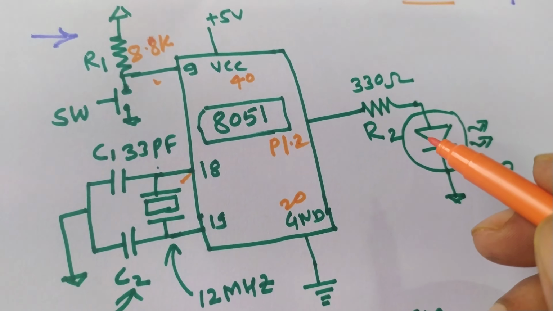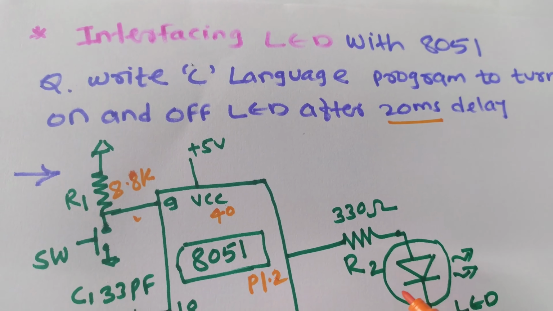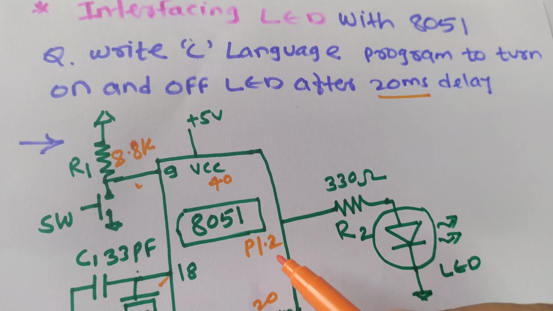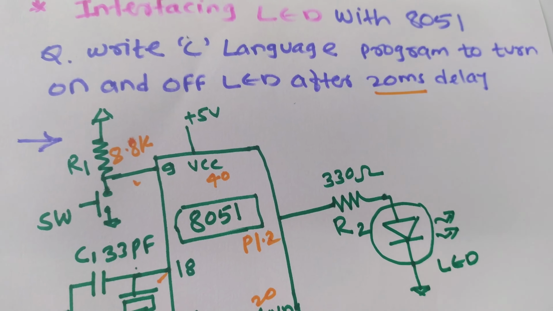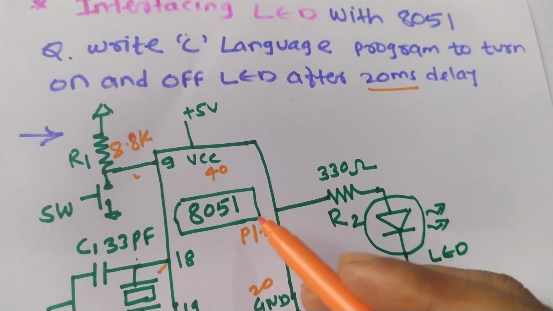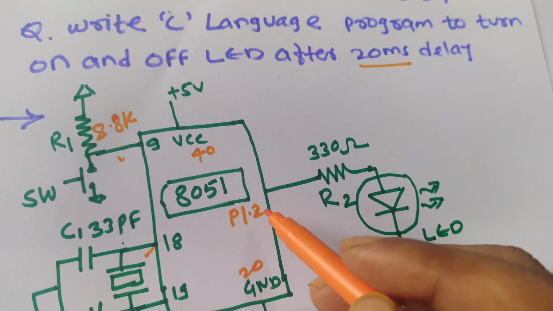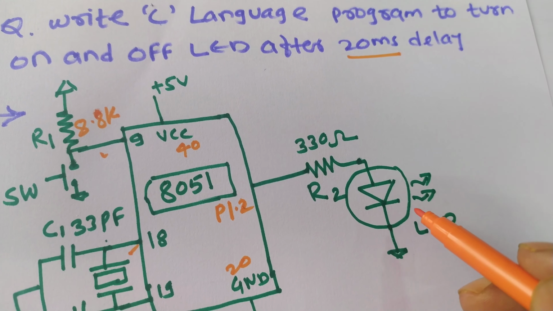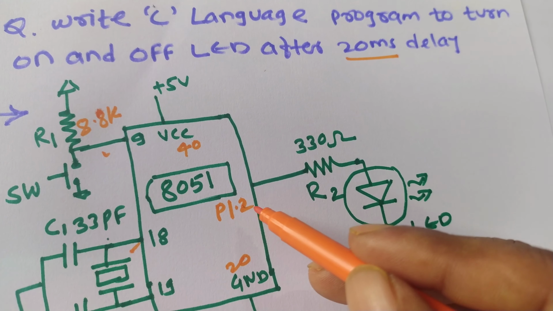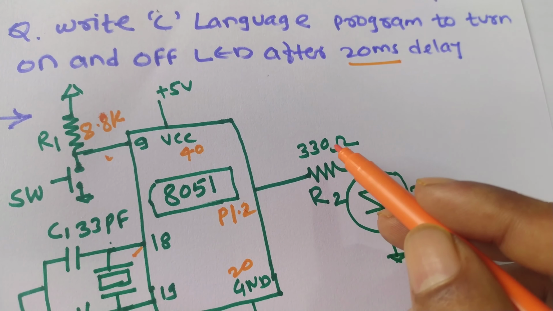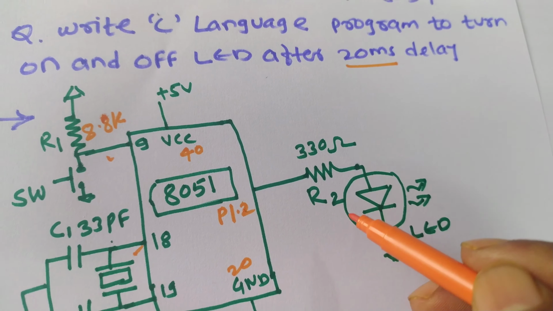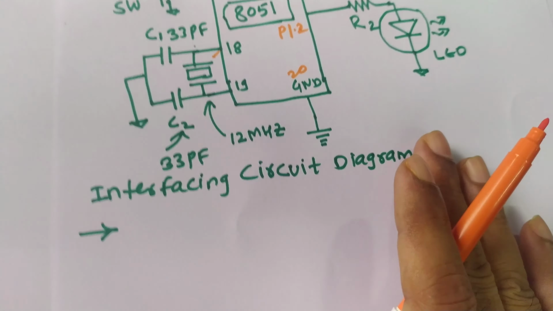In the program there is no mention of pin numbers, so you can take any pin of any port. I have used pin 1.2 here, and we connect the LED to pin 1.2 via a 330 ohm resistor.